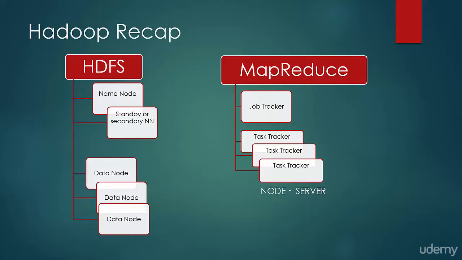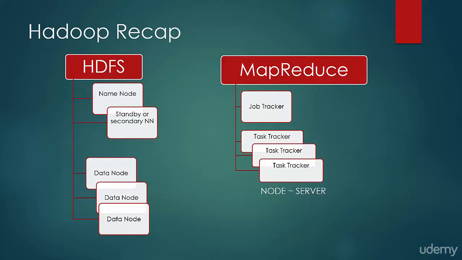Data is stored in data nodes and the name node manages metadata. Metadata is data about data. Let us say we have a file in HDFS: the file will contain the data, while the name of the file and permissions on the file are considered to be metadata.